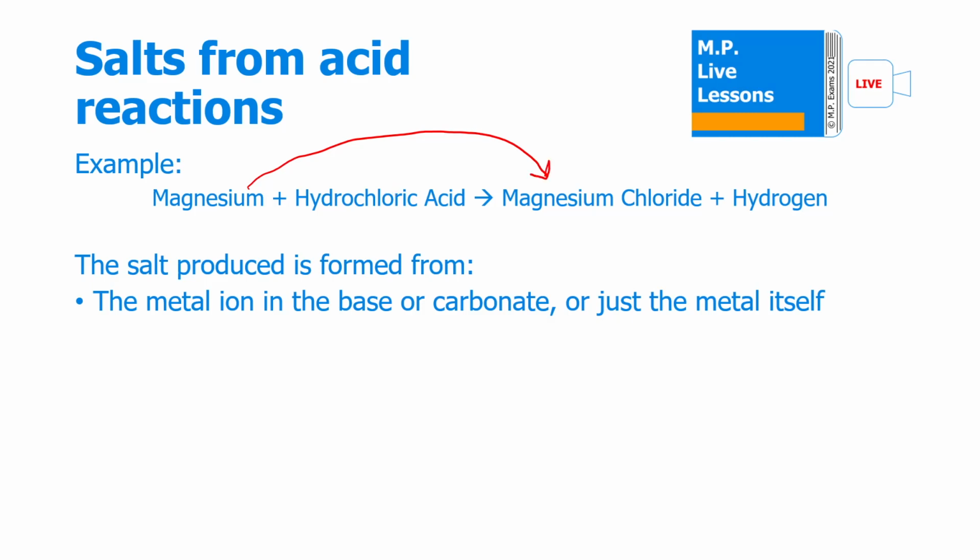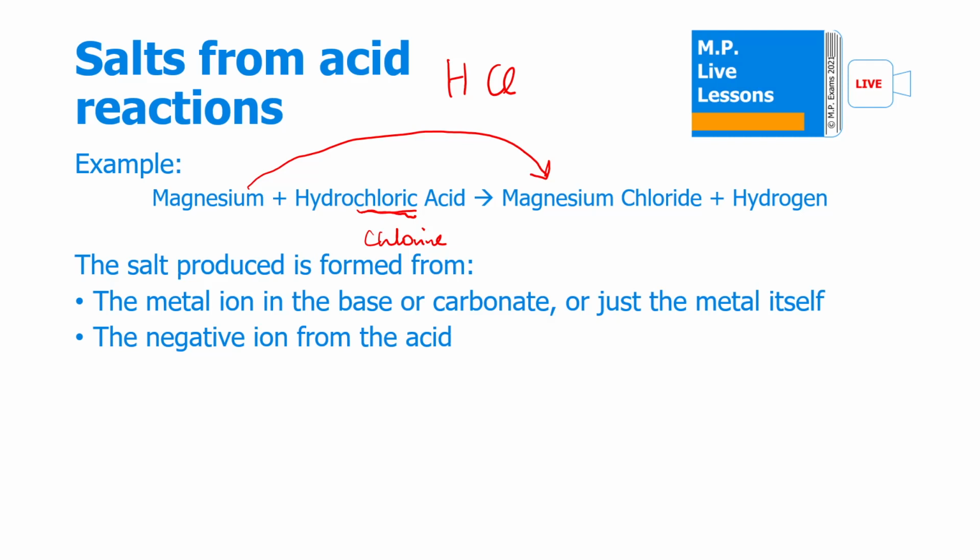Whereas the non-metal ion is from the acid. This gives a clue here. For example, chloric is chlorine, because hydrochloric acid is HCl, so it's chlorine, and that goes into the chloride part of the salt.